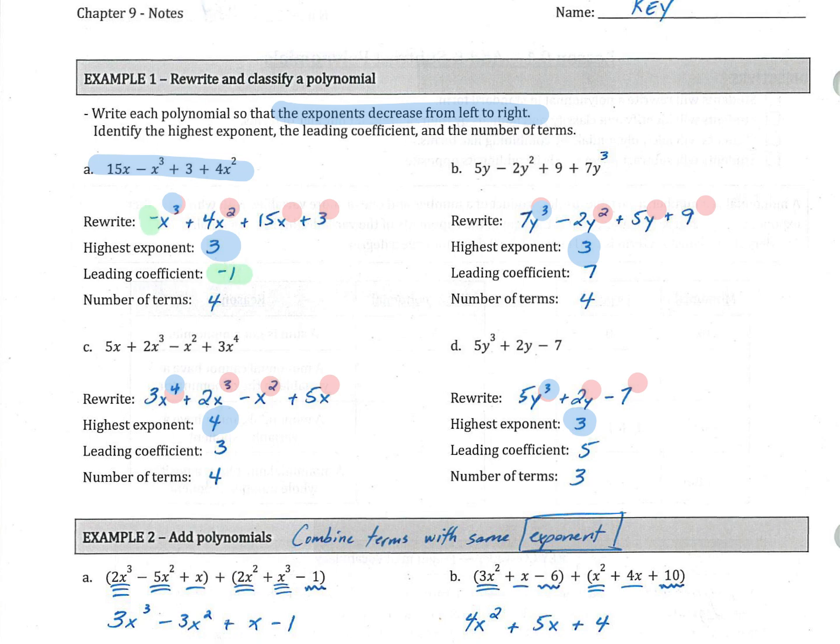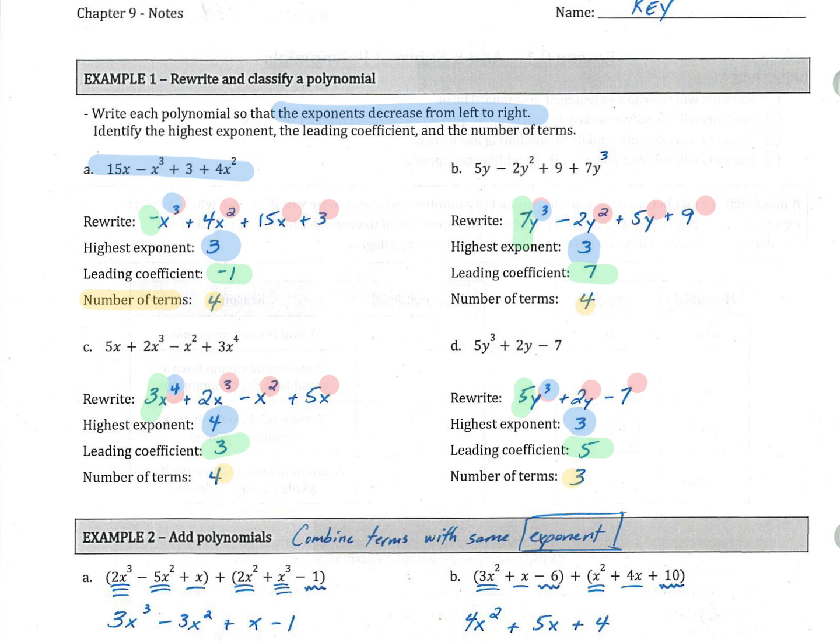So like -1, 7, 3, and 5 are all what we call leading coefficients. The last thing is the number of terms. 4 terms, 4 terms, 4 terms, and 3 terms. That's just how many items there are. So that's just some basics of handling polynomials.